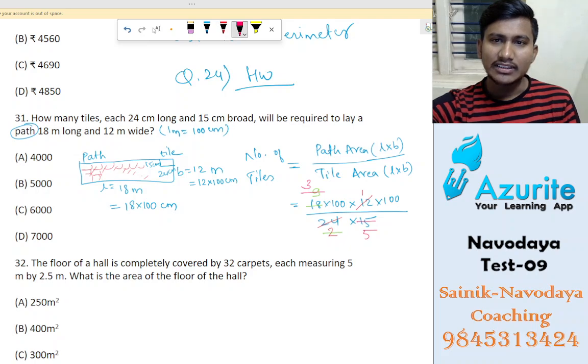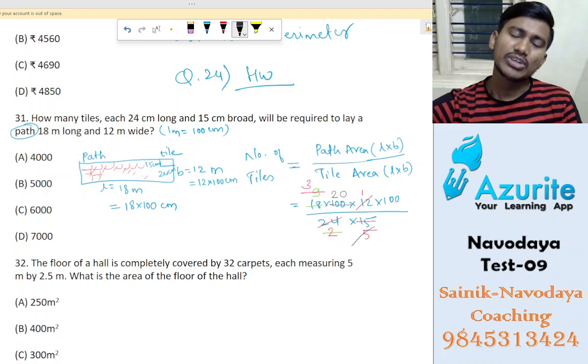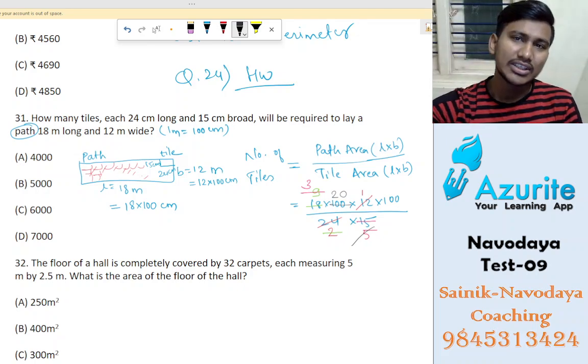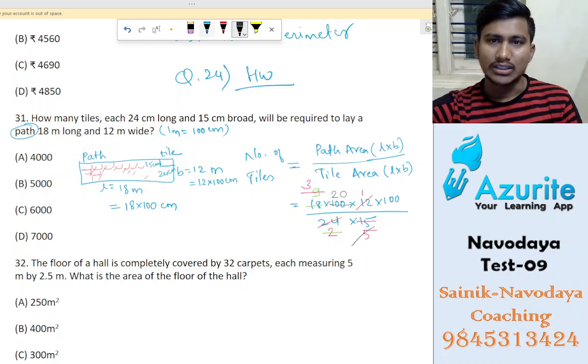And after that, let's take black. So next is 5. 5 ones are 5. 5 twos are 10. 0 as it is. We have to cancel it out. If you are not able to do like this, you can multiply and then do it. Okay, understand?